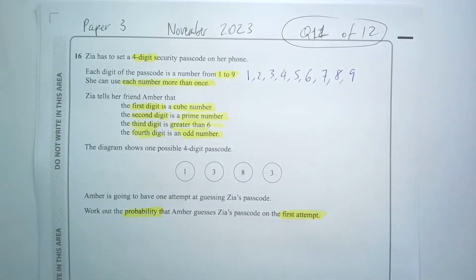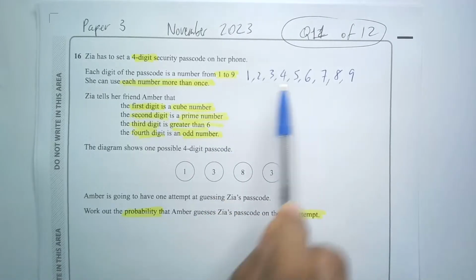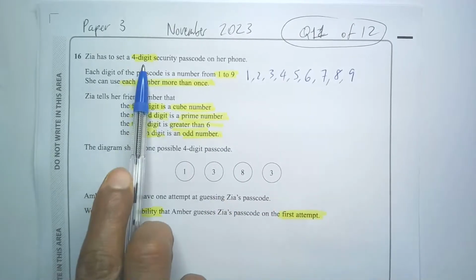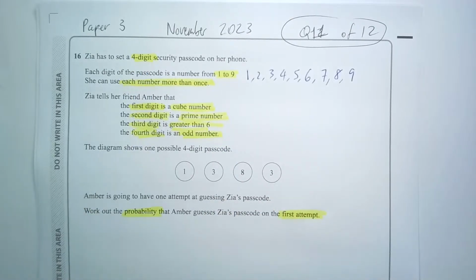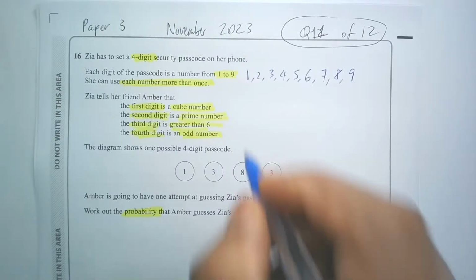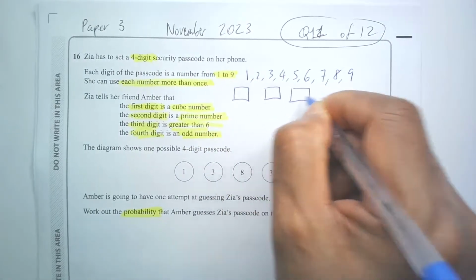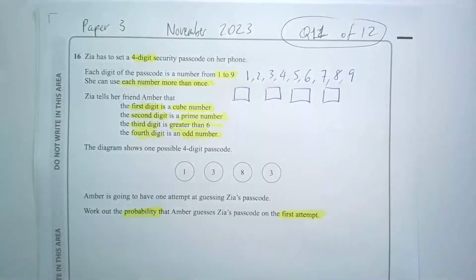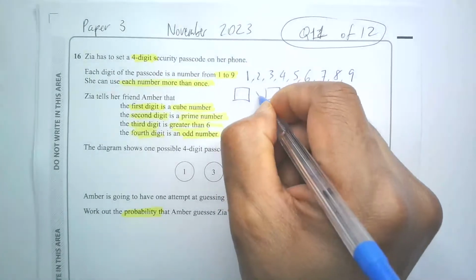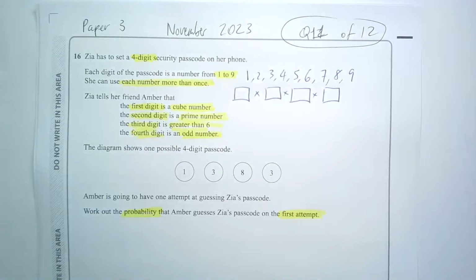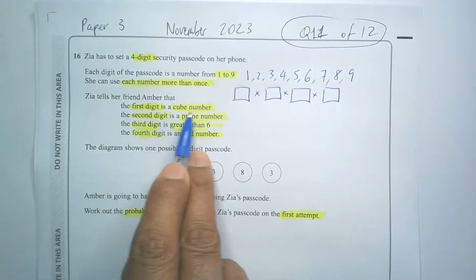Okay, so I've got my numbers 1 to 9, and there's a 4-digit passcode. So I'm going to have 4 numbers. 1, 2, 3, 4 numbers. And the product rule for counting, I'm always multiplying. The first digit is a cube number.